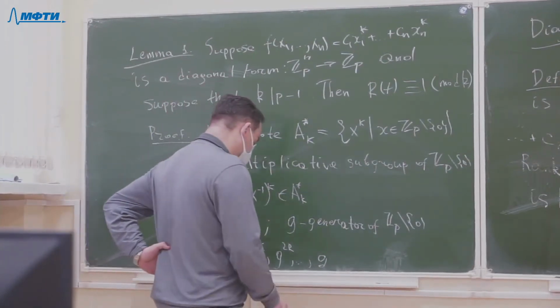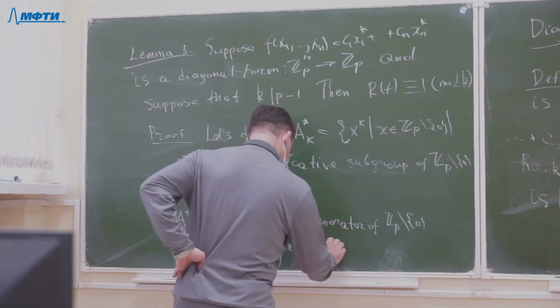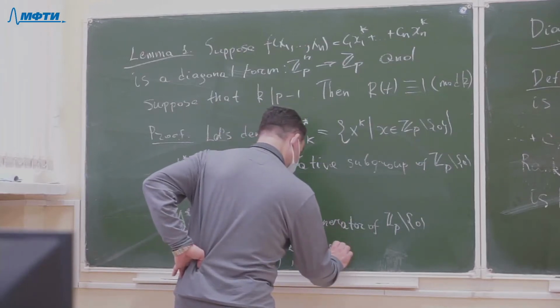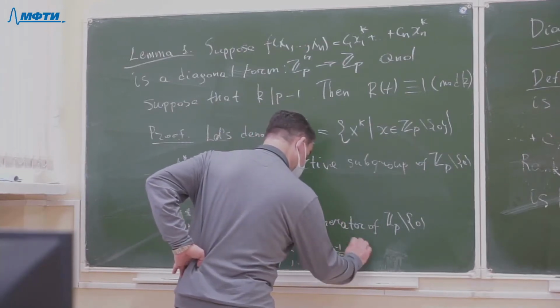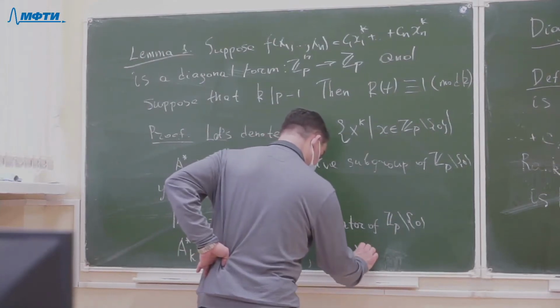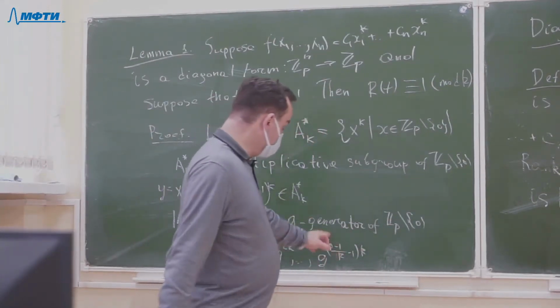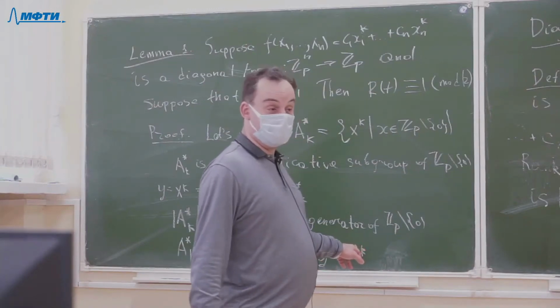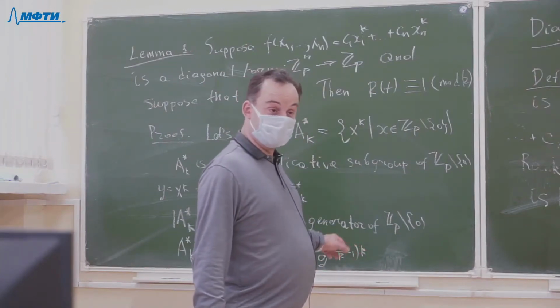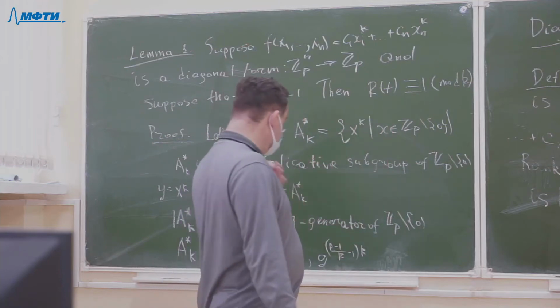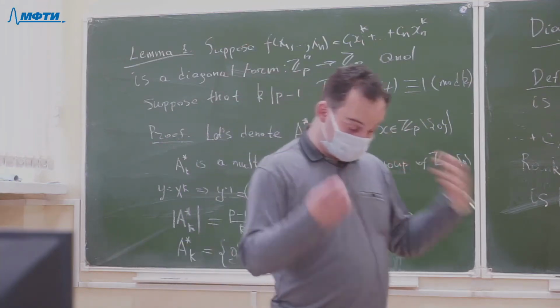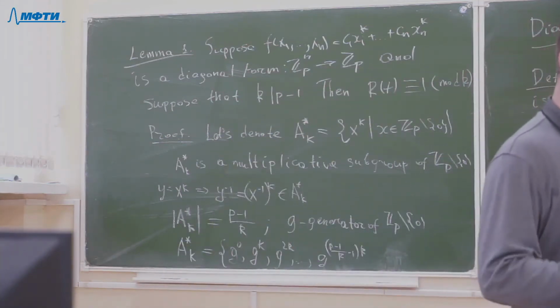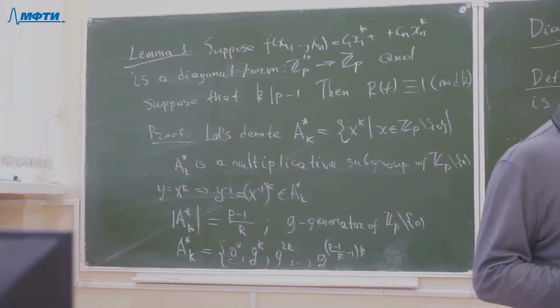Of p minus 1 divided by k minus 1 by k. Well, because if we take p minus 1 divided by k multiplied by ka, this is p minus 1. G to the p minus 1, by Fermat's Little Theorem, is 1 modulo p, right?